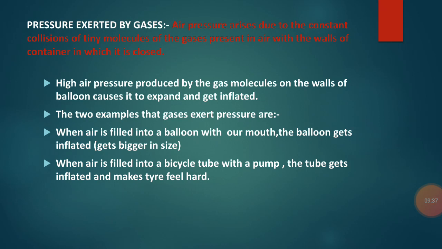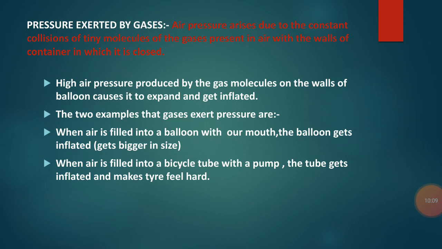So we can say that air pressure arises due to the constant collisions of the teeny molecules of the gases present in air with the walls of the container or vessels in which it is enclosed. For example, if a certain mass of air is compressed into a small volume, then the number of collisions of the air molecules per unit area increases, and hence the pressure exerted by the air goes up.